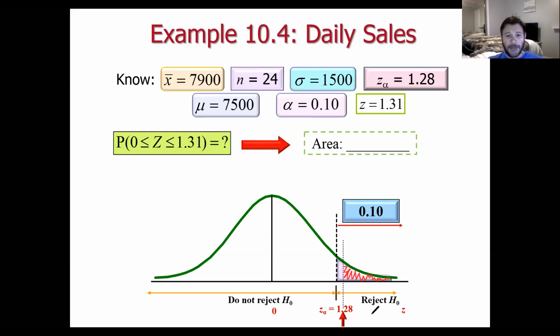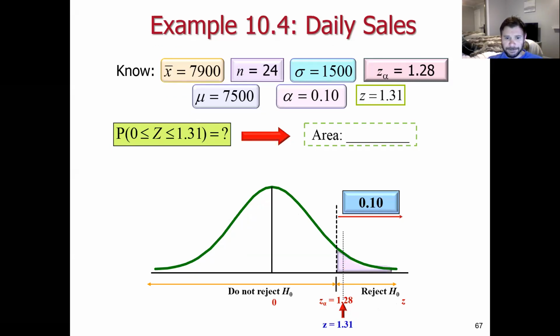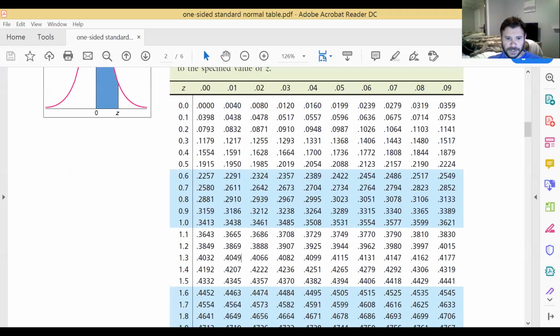So what we want to do now is go to our standard normal table. We're going to look up 1.31 in the standard normal table. We should be able to see that 1.3 is the row we want, and we want to go to the column for 0.01.